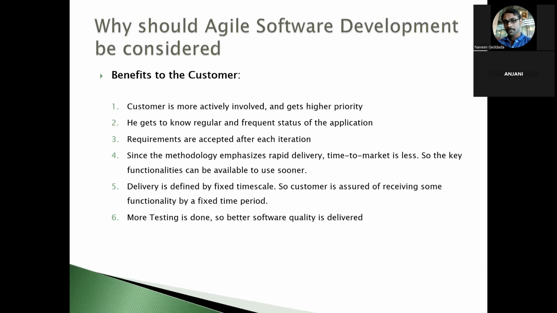There is one more point: more testing is done, so better software quality is delivered. Why is there more involvement of testing? Because we are delivering the requirements in the form of iterations. For example, in iteration 1, we are delivering a few requirements, that is R1, R2, and R3, and we deploy these three requirements into the production environment.